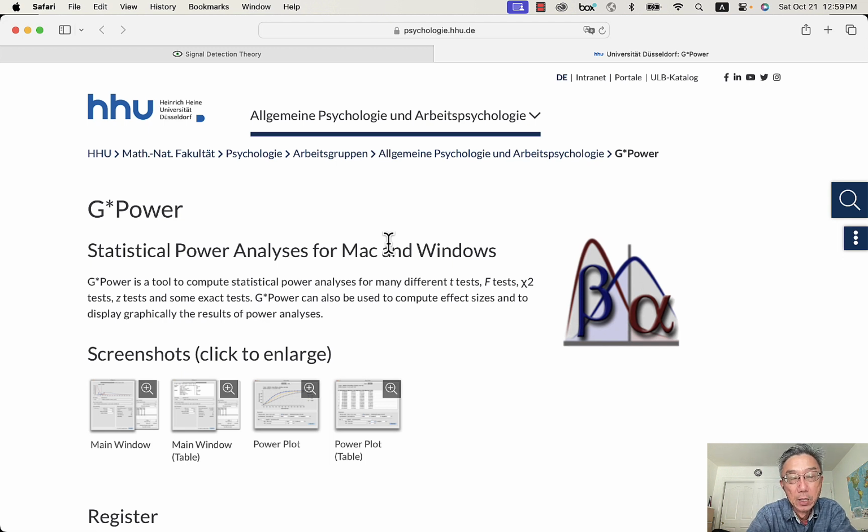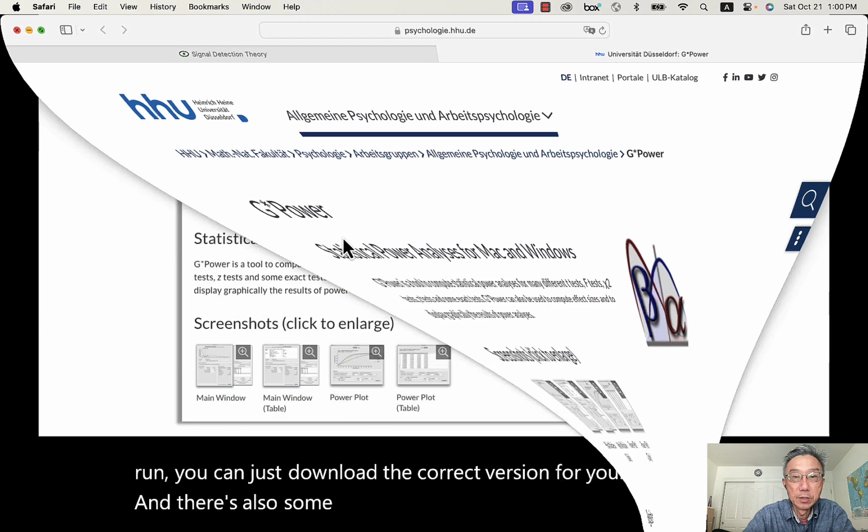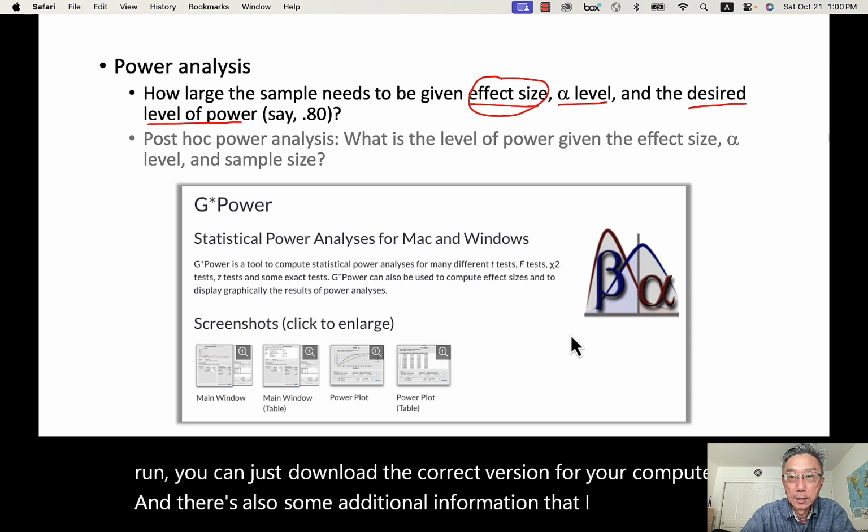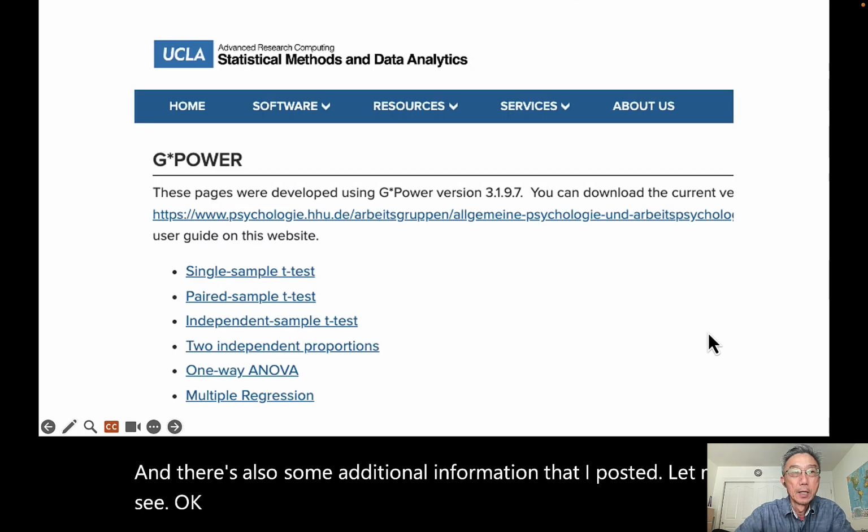Depending on what kind of operating system your computer runs, you can just download the correct version. And there's also some additional information that I posted.